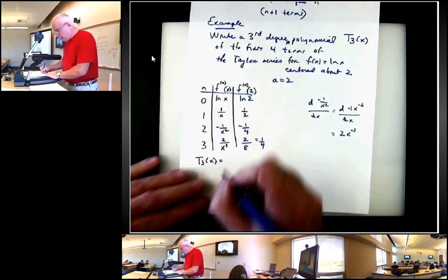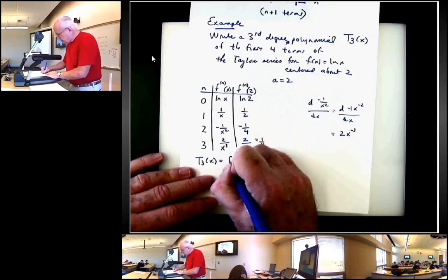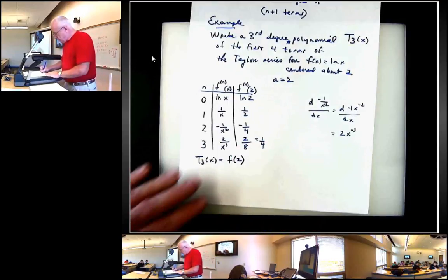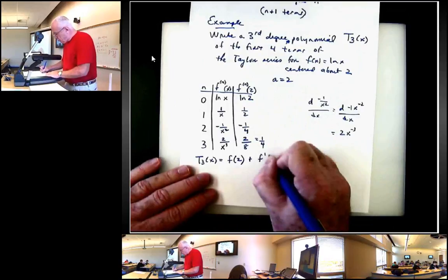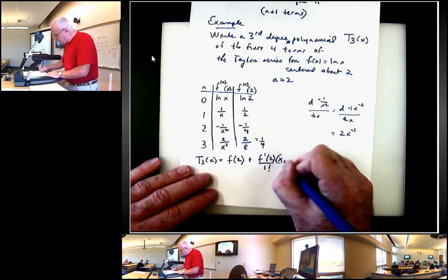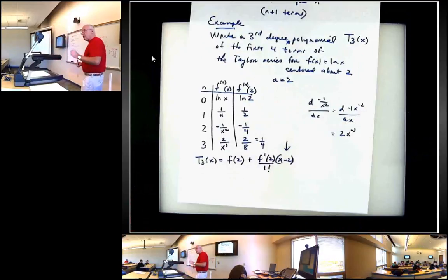Let me just write this out first of all. It's going to be f evaluated at 2 plus f prime of 2 over 1 factorial times x minus 2. So be careful here. We are centering it around 2, so it's not just x, it's in parentheses x minus 2.